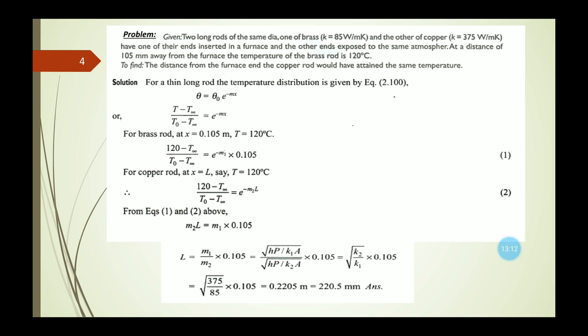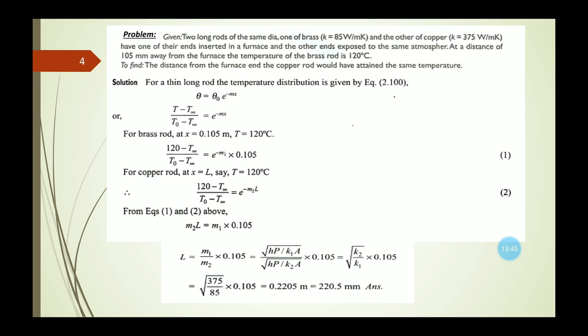Now considering these values of x and T, we get the relation of equation number 2. So from equation number 1 and 2, we need to calculate the distance from the furnace end for this copper rod when it would have attained the same temperature. So now from equation 1 and 2 we are getting m2 L equals to m1 multiplied by 0.105. So that means we are getting L equals to m1 by m2 multiplied by 0.105.